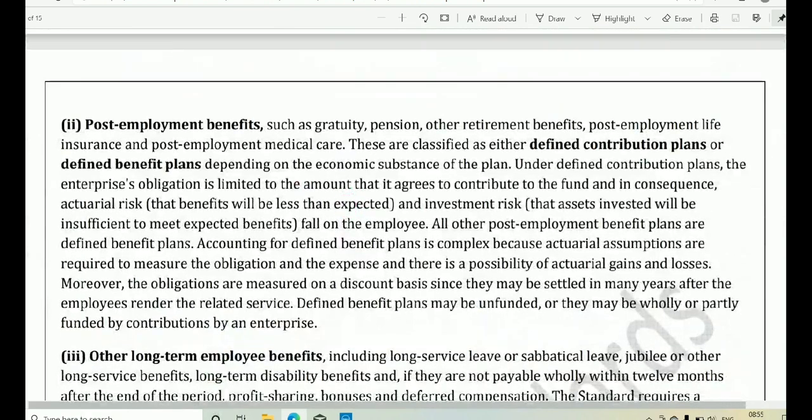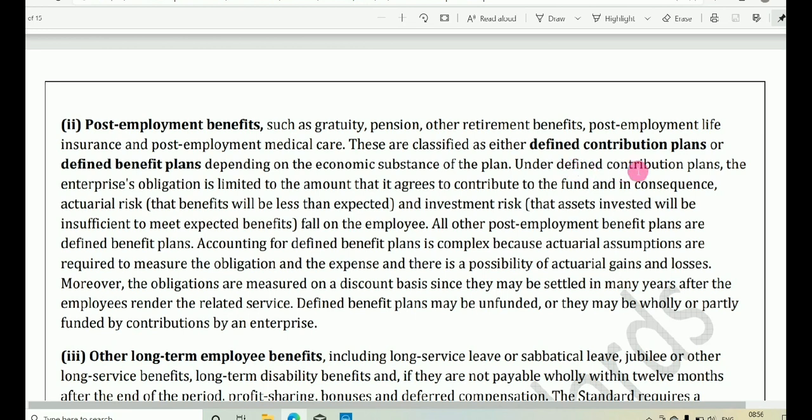Second, post-employment benefits such as gratuity, pension, other retirement benefits, post-employment life insurance, and post-employment medical care. These are classified as defined contribution plans or defined benefit plans depending on the economic substance of the plan.